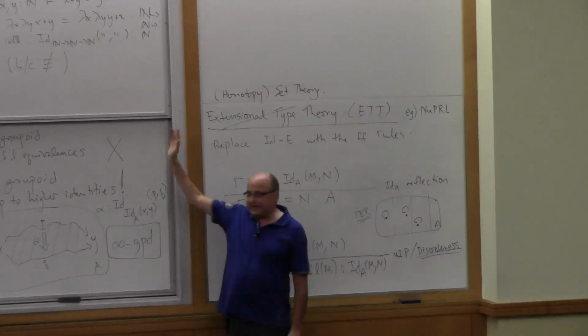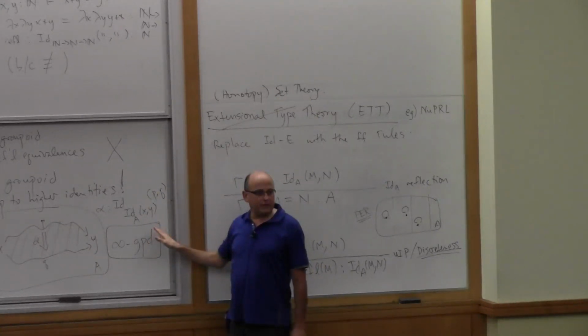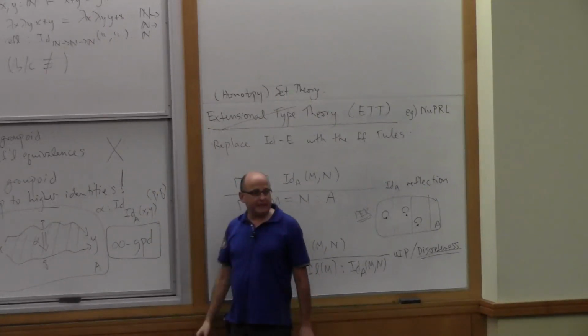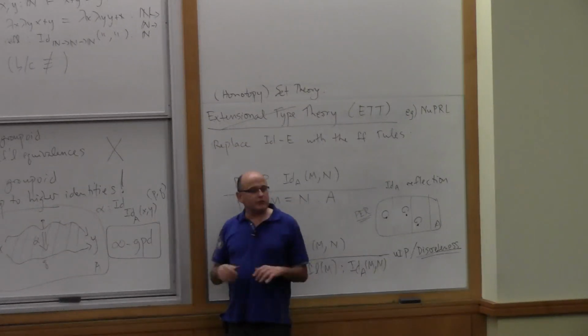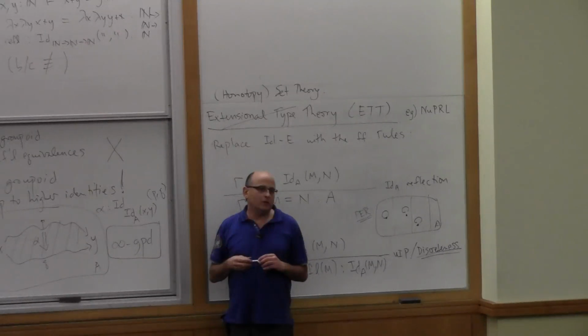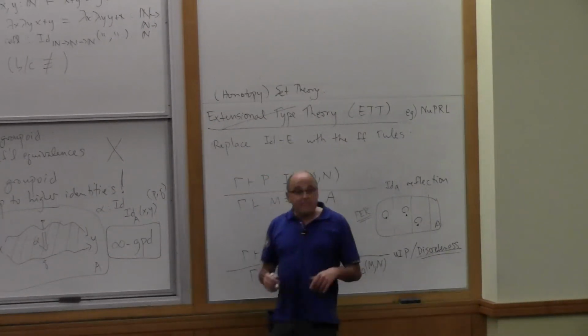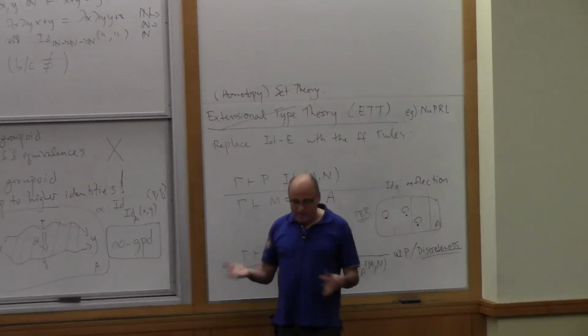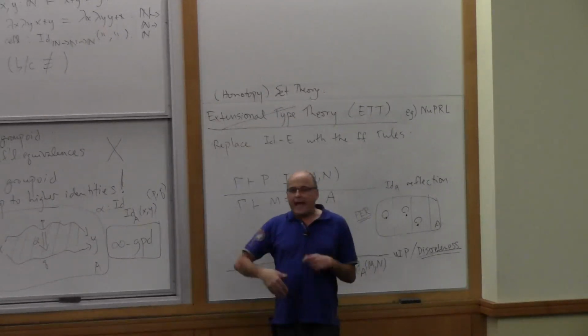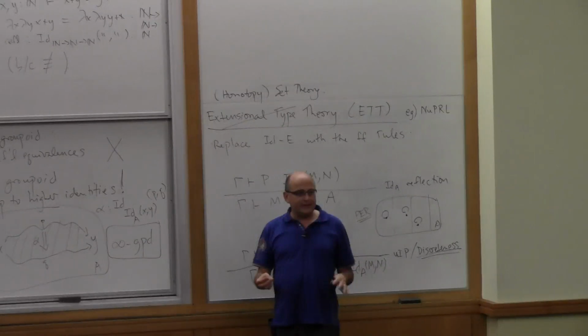And if you iterate that, if you make no bound on the iteration of that, if you're allowed to iterate for the identity, then you get the structure of what's sometimes called a weak infinity groupoid. Okay? And that's the structure that we have. I'm just telling you, this is present in ITT. It's right there in front of you. I didn't add anything. I didn't axiomatize anything. I didn't chuck in anything. I just am pointing out to you that this structure exists.